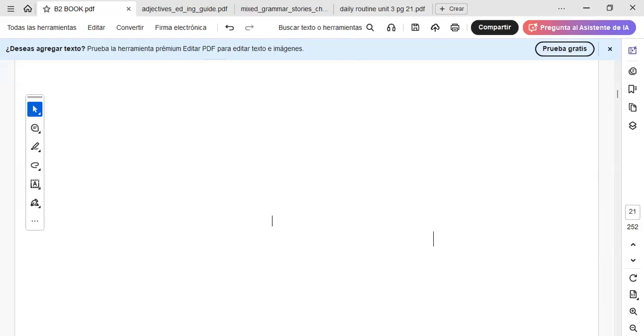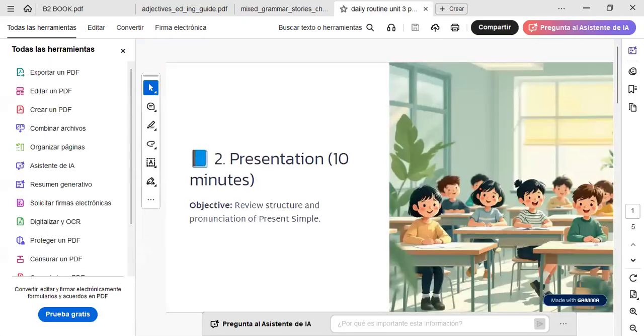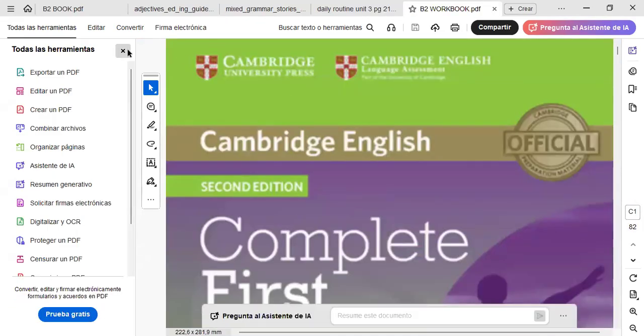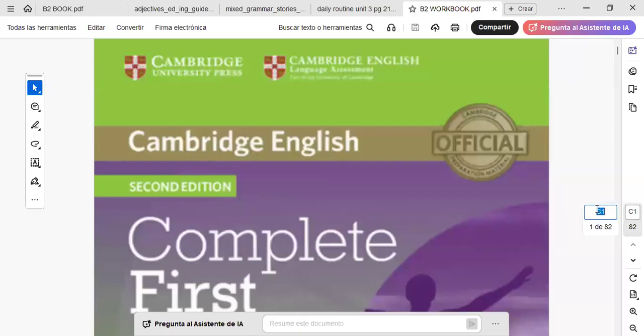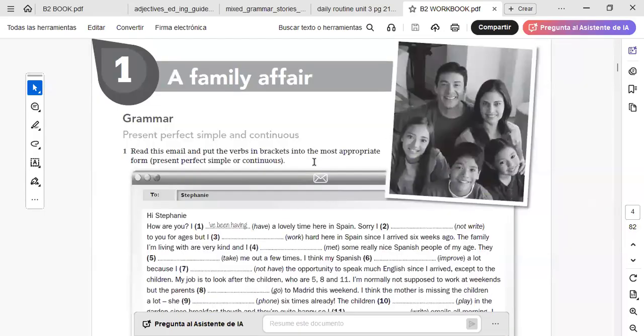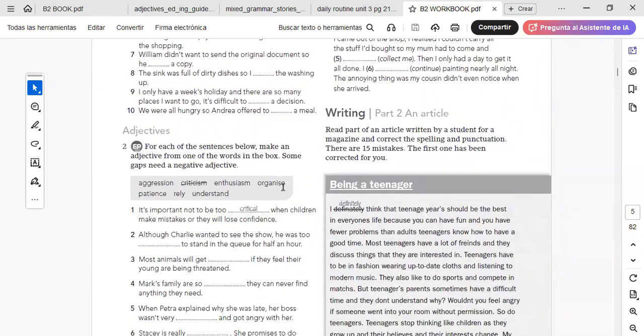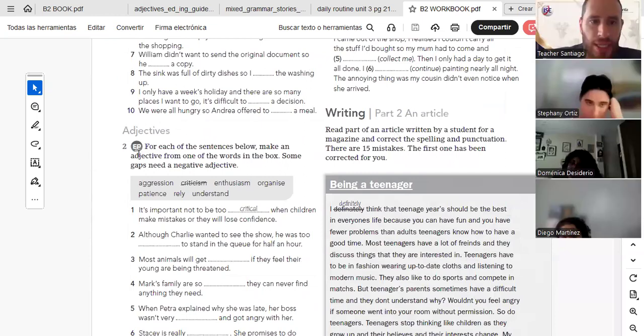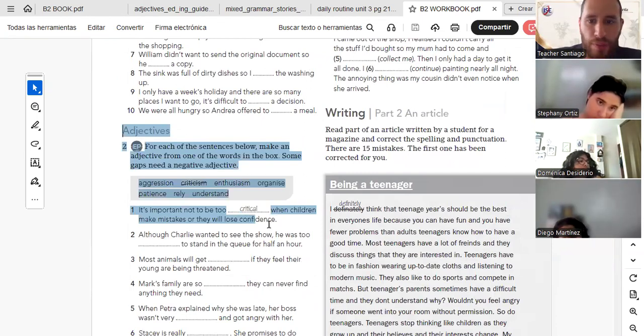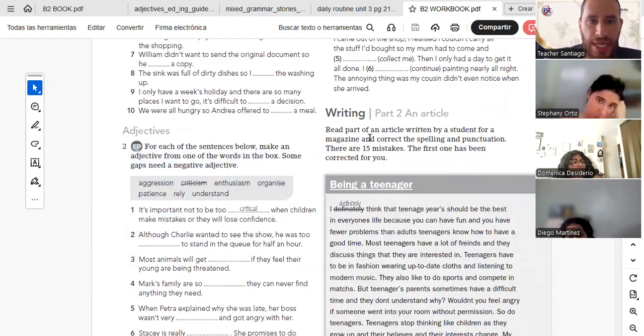So, guys, quickly before we leave, we're going to check the homework. The homework is workbook pages 4 and 5. But here there's an activity with adjectives, so we won't work on this, neither in the article.